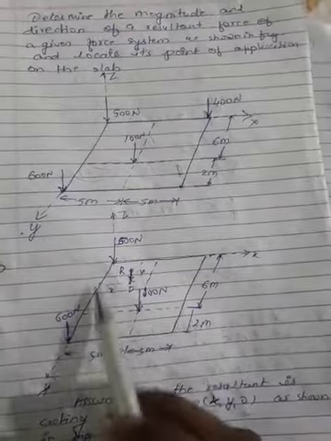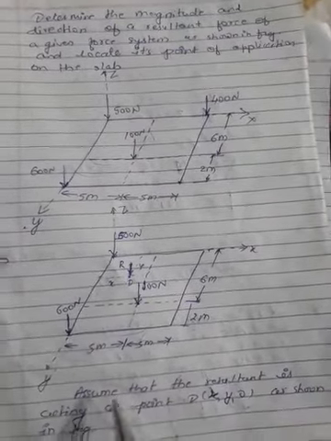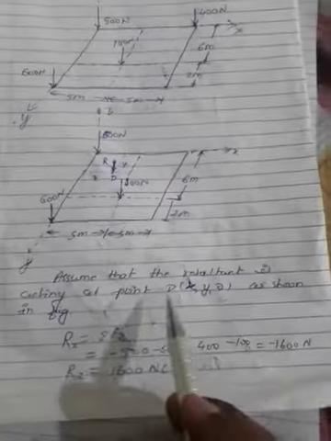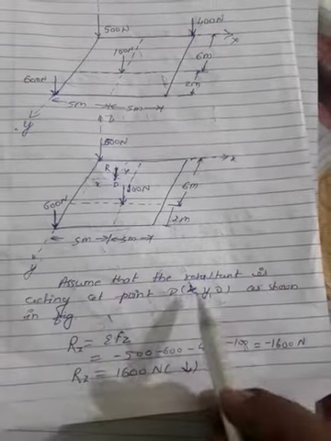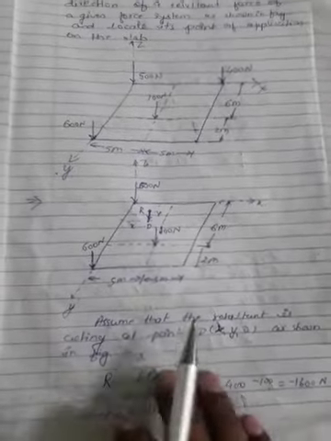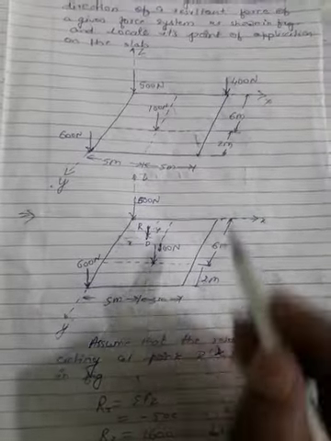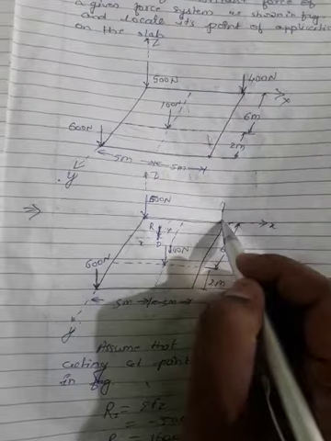So I assume the resultant is acting at a point D, (x, y, 0), as shown in figure.